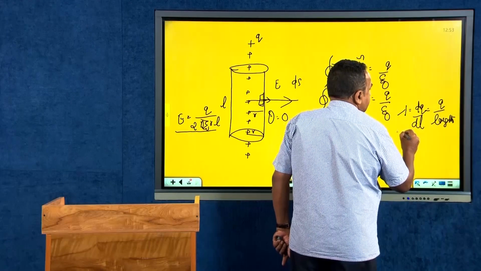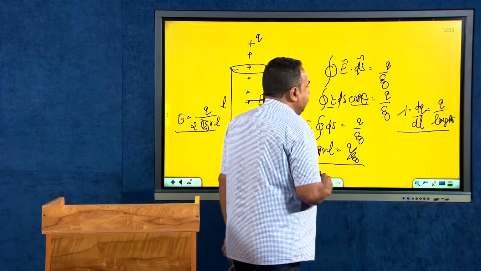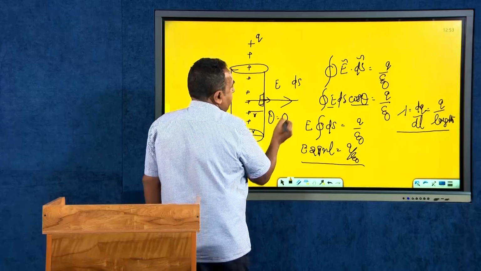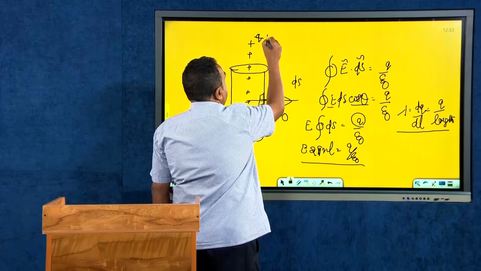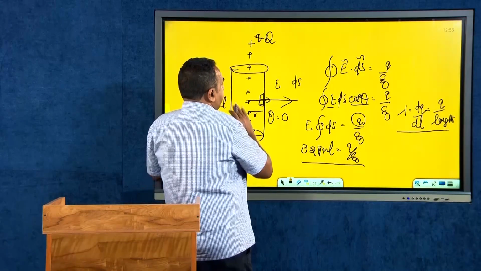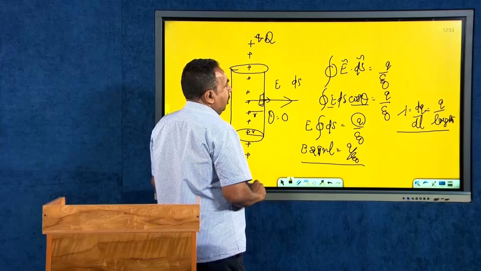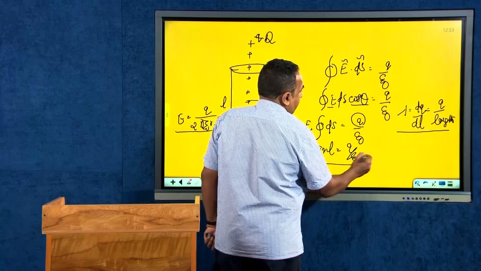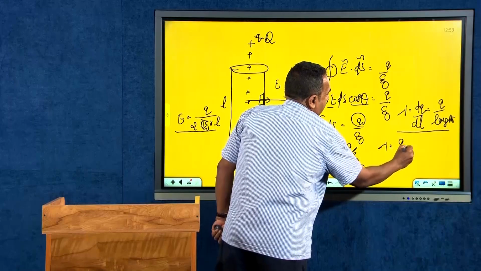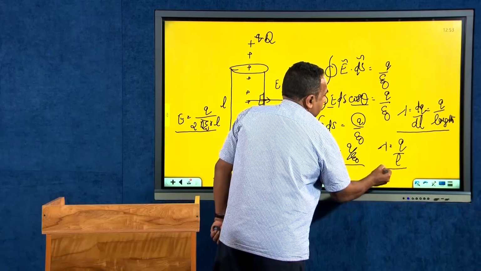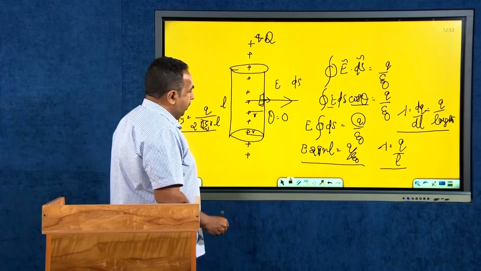So I define the charge enclosed by the Gaussian surface as q, and the total charge as capital Q. The total charge enclosed is q, and this q divided by L is equal to lambda, the linear charge density.